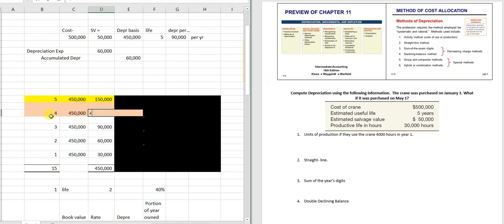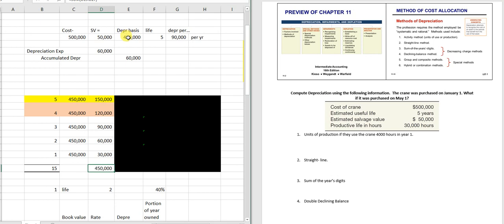In year 2, I take 4 divided by 15 times $450,000, etc. So you can see that then it's 3/15, 2/15, and 1/15. So over the life of the asset, if I sum up all these numbers, I've taken $450,000 of depreciation, which makes sense because that's my depreciable basis.